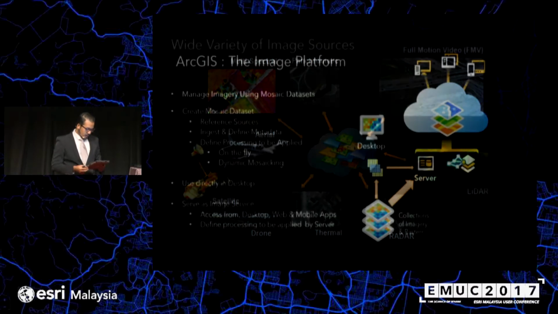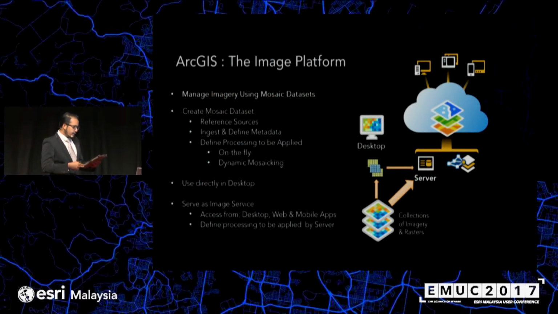There are also various image processing capabilities inside the desktop environment. To manage imagery inside the ArcGIS platform, we have a methodology called Mosaic Dataset. A mosaic dataset can be used in the desktop and also in Image Server, and it can be consumed by our portal and ArcGIS Online.